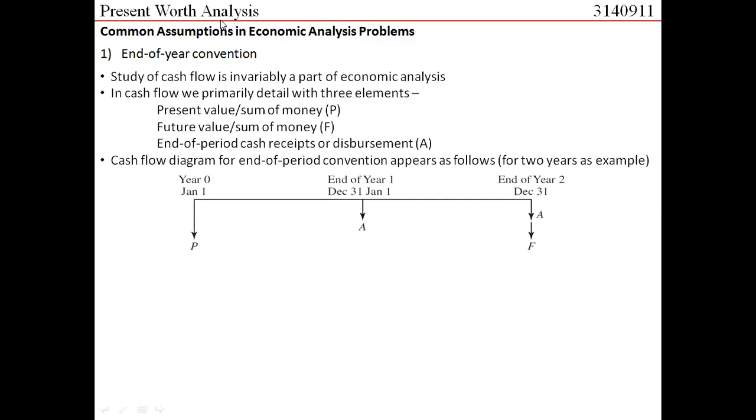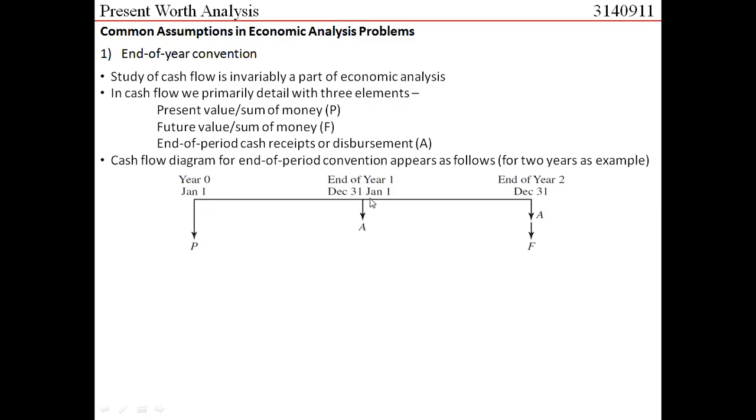Thus, what does end of year convention basically mean? Considering end of year convention, our cash flow diagram would appear something like this. I would have some present value or future sum of money. My annual cash flow would primarily be at the end of the year. So my year starts on January 1, and my year ends on 31st December.